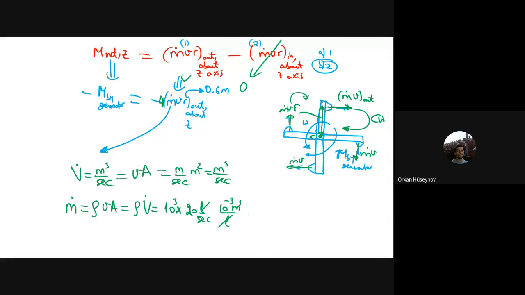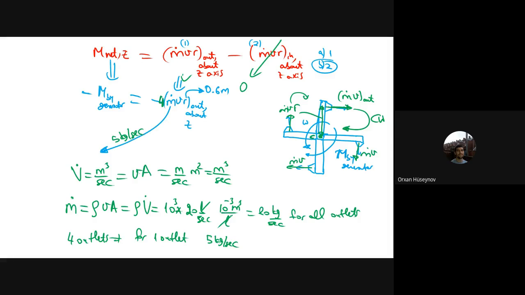This will cancel out, and you will have 20 kilograms per second. Therefore, this term is 20 kilograms per second for all outlets. But since we have 4 outlets, for one outlet it will be 5 kilograms per second. So it means that m dot here is 5 kilograms per second.